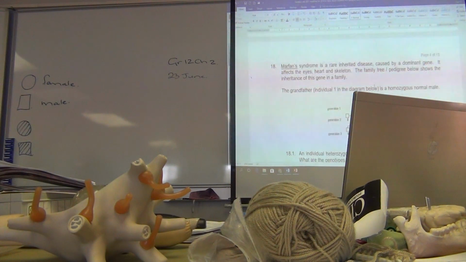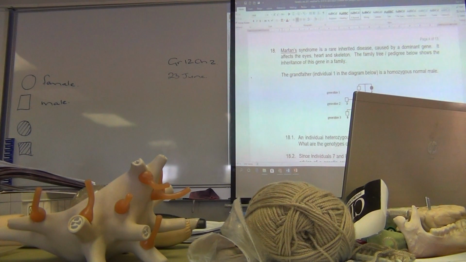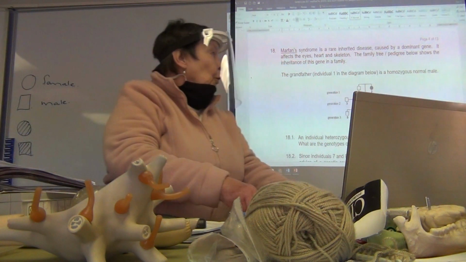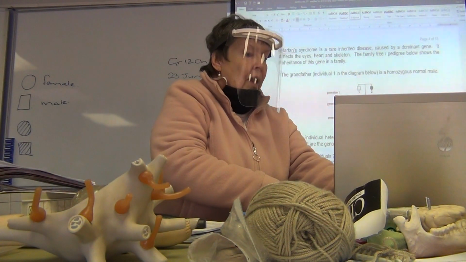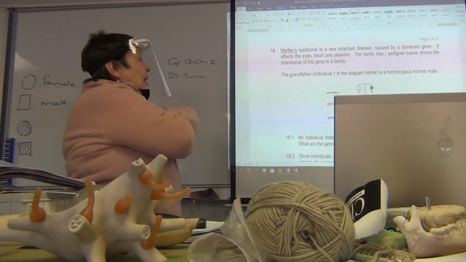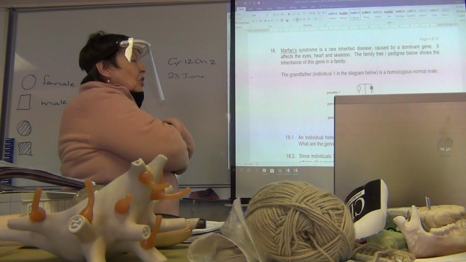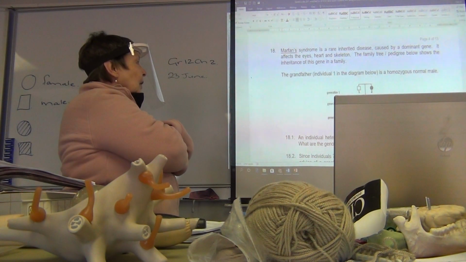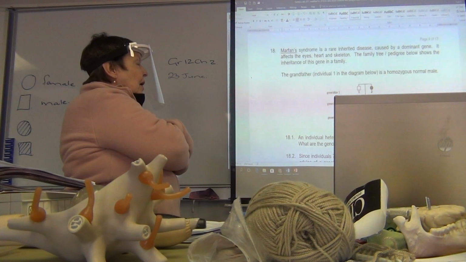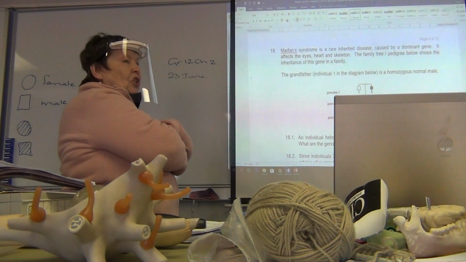So let's say, for example, here, it says to you, Marfan's syndrome is a rare inherited disease caused by a dominant gene. It affects the eyes, the heart, and the skeleton. The family tree or pedigree below shows the inheritance of this gene in a family.